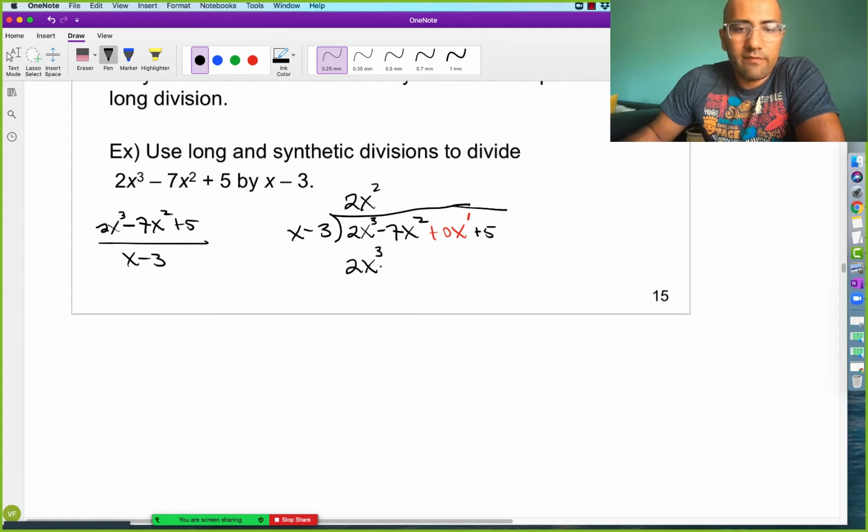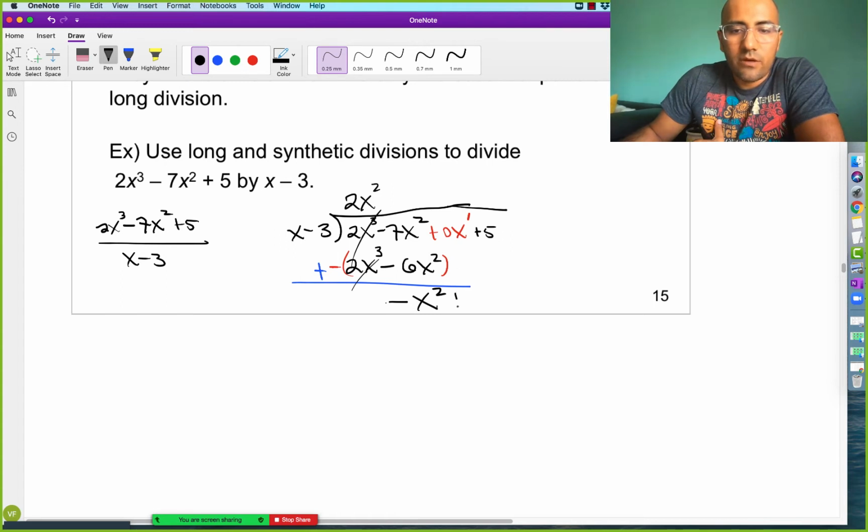These two multiply to give me minus 6x squared. Then I distribute a negative 1 through the whole thing and add down. So distributing cancels that. If you do it right, the first term will always cancel. That's why we make them identical and then distribute a minus 1. If we distribute a minus 1, we get a plus 6. Minus 7 plus 6 gives me a minus 1, so minus x squared.